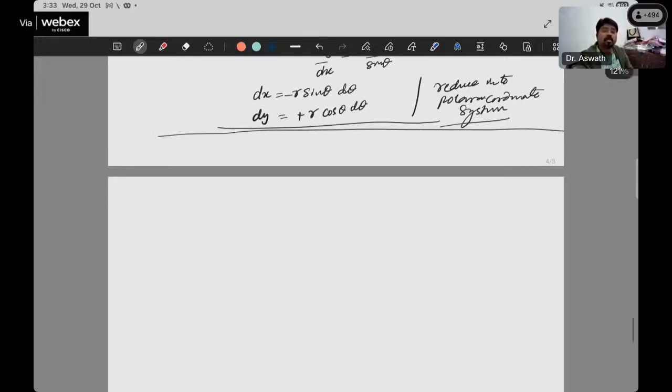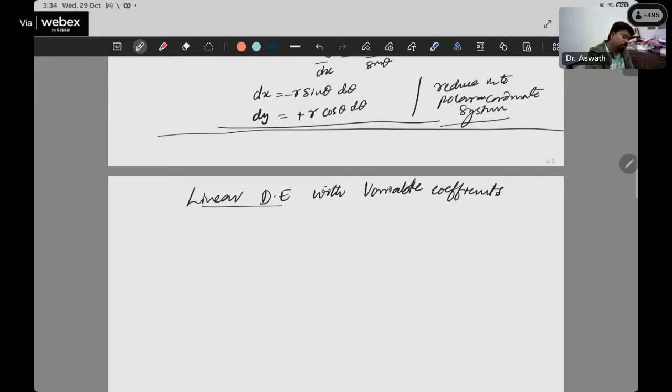Now, first order differential equations with variable coefficients we want to know. So far we have seen linear differential equations with constant coefficients. Now let's say I have linear differential equations with variable coefficients, for example y dash plus a(x) into y is equal to b(x).